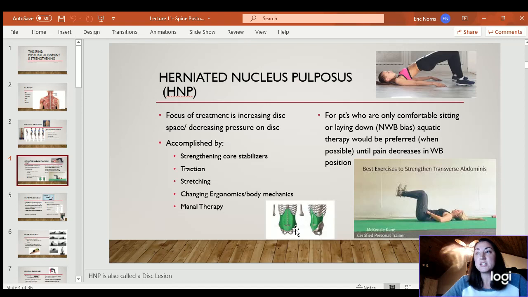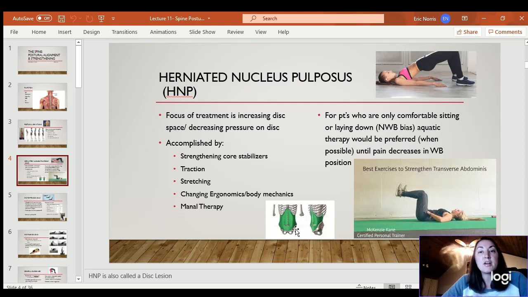You do want to change the ergonomics or the body mechanics that led to the problem in the first place. Maybe it was a power lifter doing it with poor mechanics, or maybe it was someone who has a job where they do repetitive movements and they're either not doing them appropriately or they're not wearing safety equipment, maybe a support belt or something.